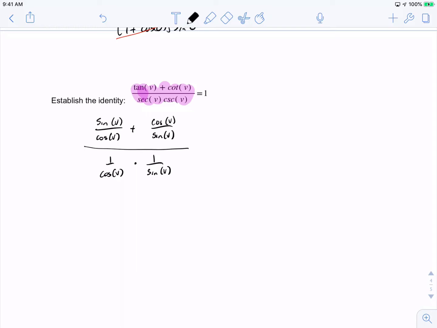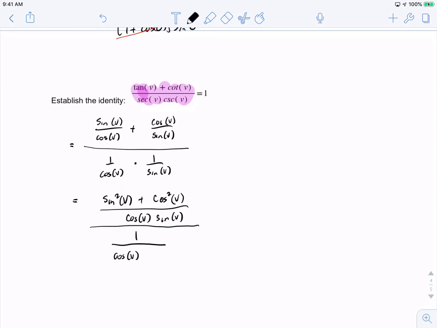And let's see what we can do here. So what I'm going to do is I'm going to make a common denominator, and I'm going to get sine of v squared plus cosine of v squared over cosine of v times sine of v. And in the denominator, I'm going to get 1 over cosine of v times sine of v.